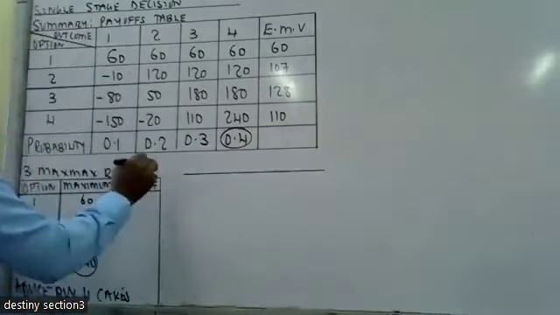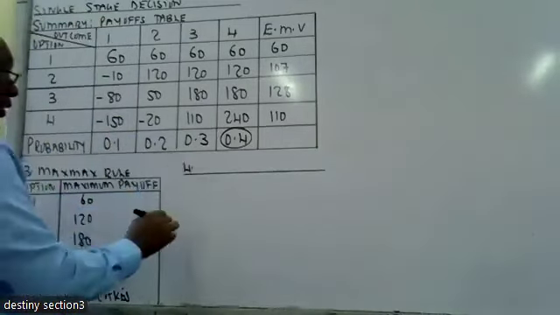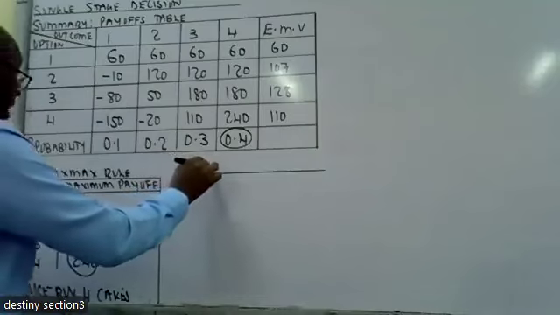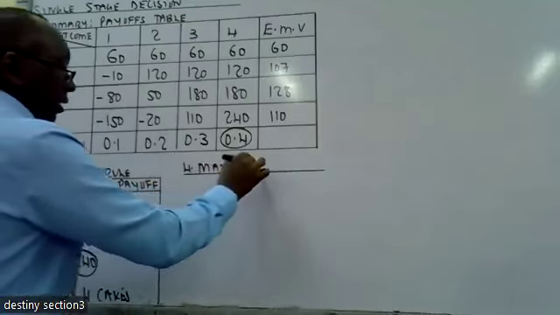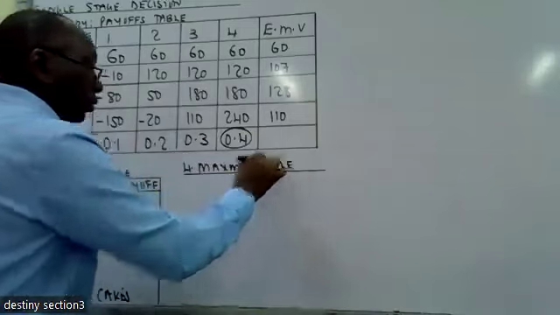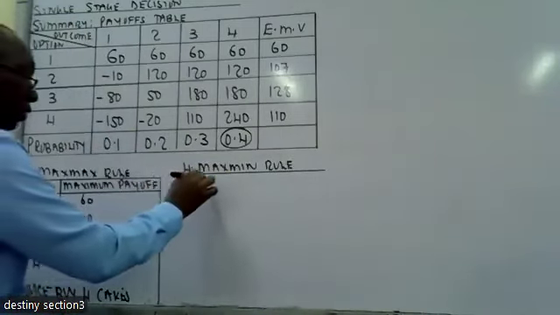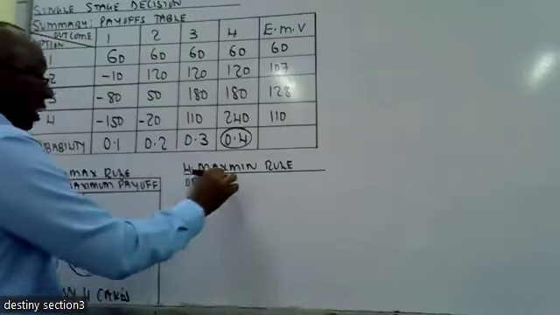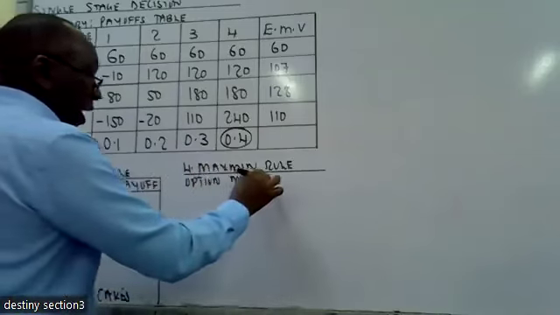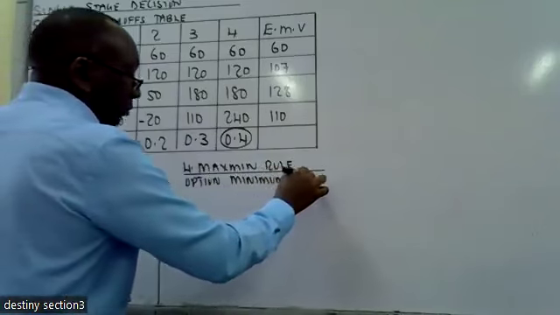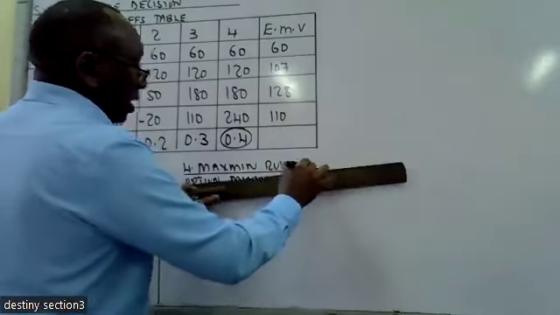Rule number 4 is called max min. Max min rule. So max min rule, we have the option. Then we pick the minimum payoff.